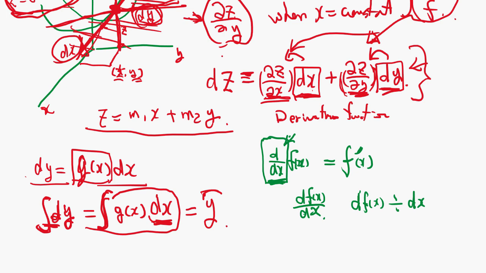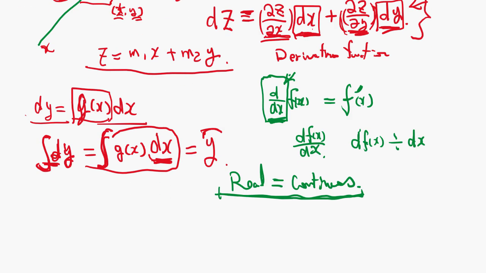Okay, and the real number is continuous, but the derivative is defined within continuous, and also one more condition is a smooth function.